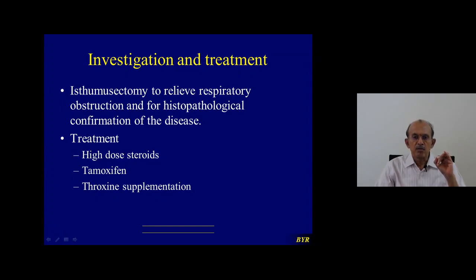So in every case of medullary carcinoma proven by FNAC, you must study the calcitonin levels, which is a tumor marker. Along with calcitonin, you must also evaluate VMA levels or catecholamine levels in the urine. That will tell you whether the patient has associated pheochromocytoma. If such is present, that should be treated first and later the medullary carcinoma.